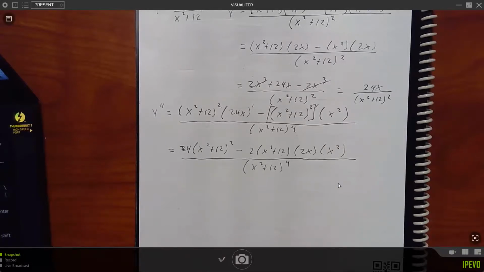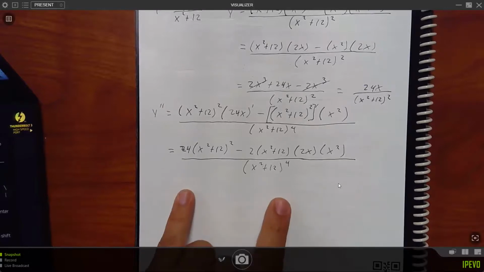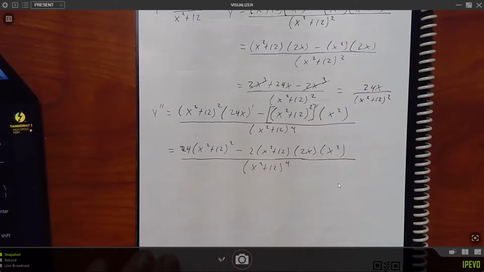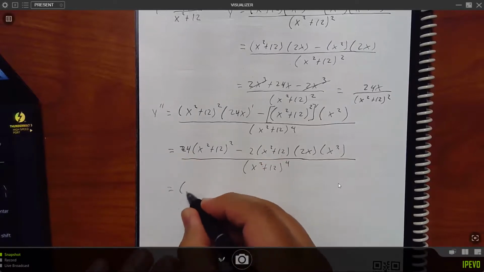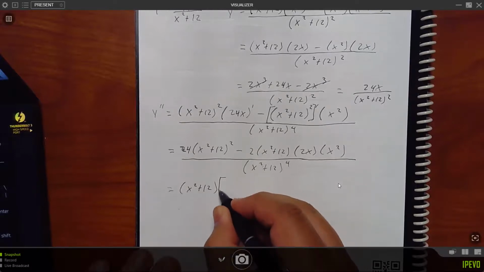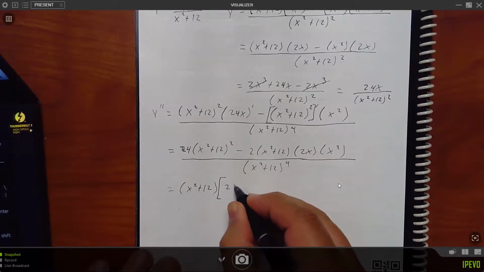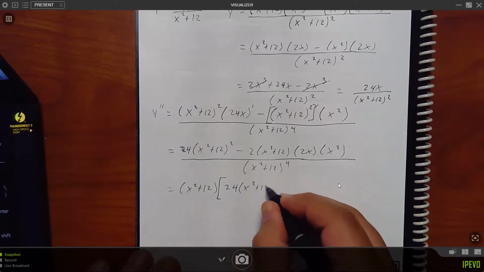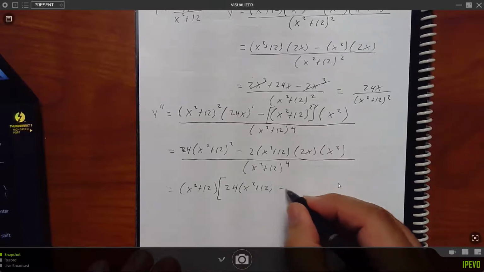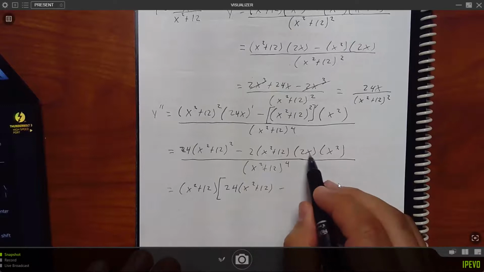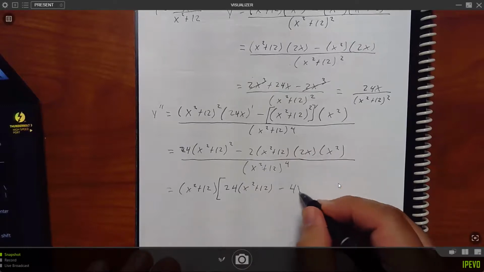All right. Let's see. So I'm gonna try to factor, see if I can make this pretty. There's an x squared plus 12 in common, right? So I'm gonna factor one of these. I'll be left with 24 times one of them minus 2x times that is x cubed times 2, so that'll be a 4x cubed.